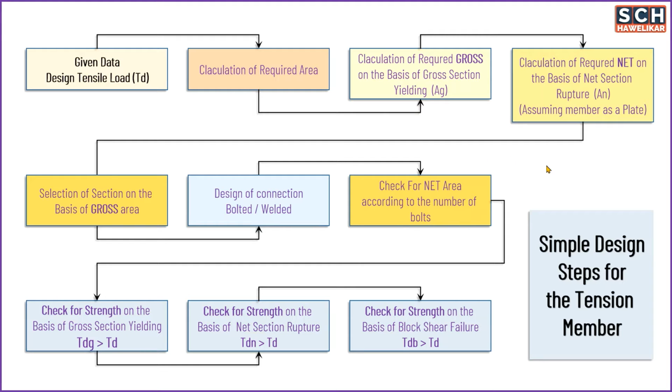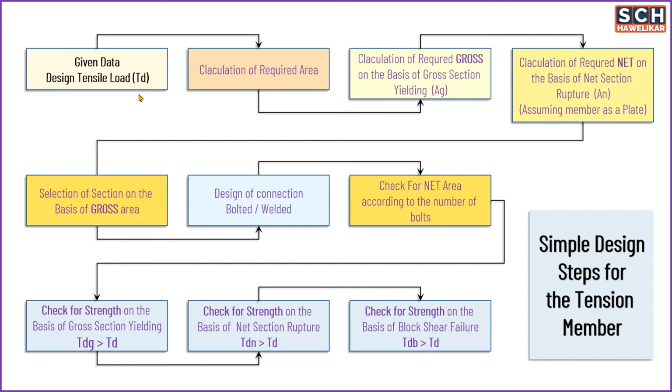So this is a part where we need to justify what type of section we need to design. Here, this is a flow chart which gives the step-by-step procedure to design the tension member. When we want to design any member having tensile stresses or tension force inside, that force we consider as the tensile load for the design, that is the design tensile load.